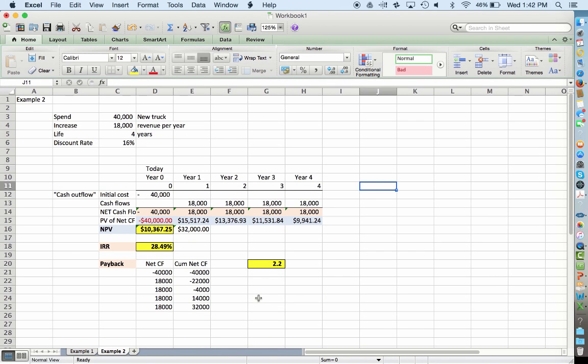What's the NPV? $10,367. And what is the IRR? 28. And bring it out to 2 decimal places, because sometimes that will matter. And then what's roughly the payback? 2.2. Great.